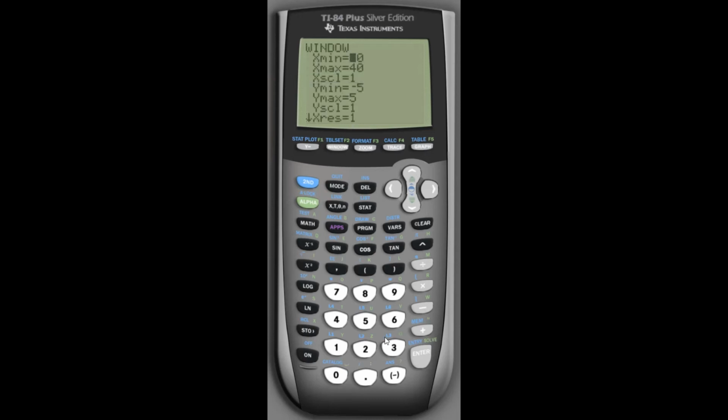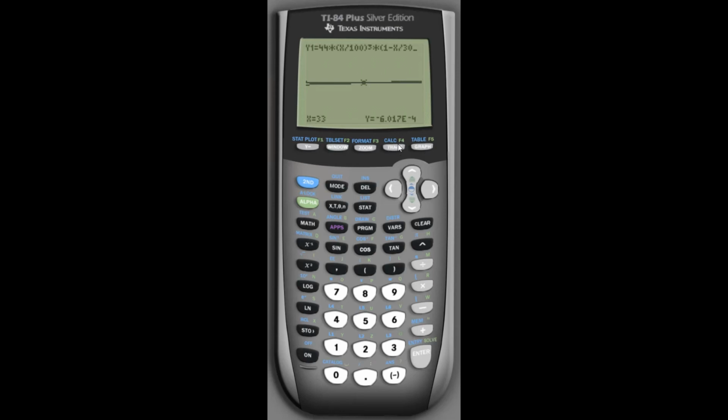Let's do 32.9 and 33.1 with a step of 0.1. If we didn't guess correctly, we can always change these limits to see where we are. Let's also decrease this range to negative 0.1 and 0.1. Let's graph it. We can see here that 0 is slightly above 33.